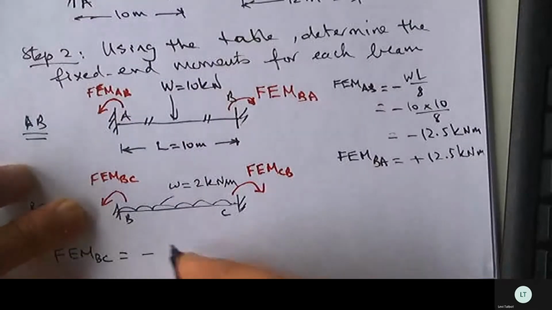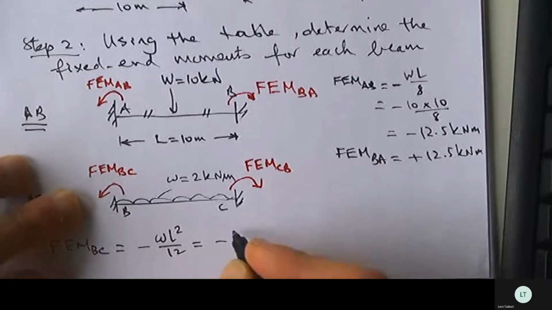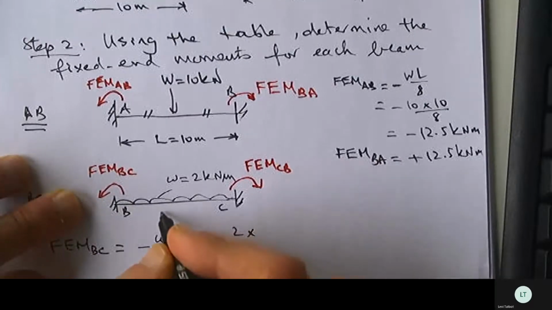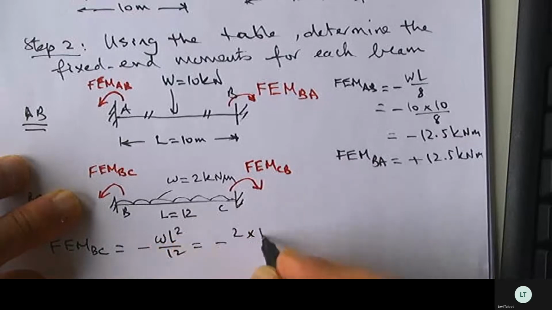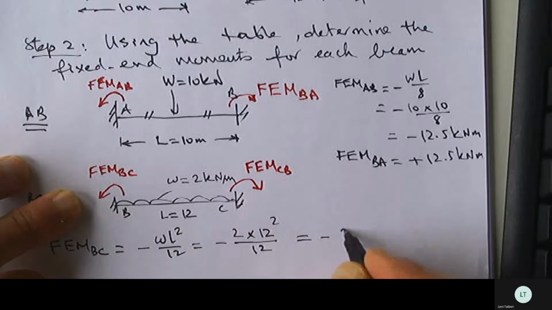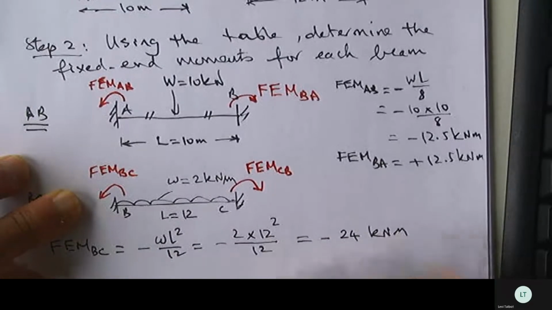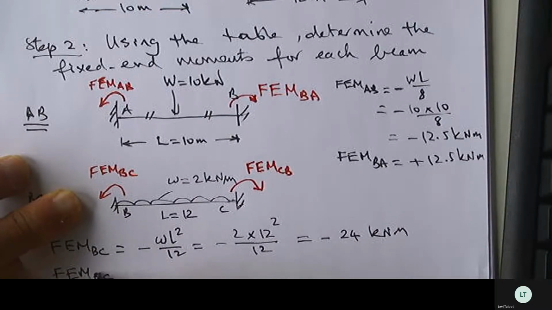So we have minus Wl squared over 12, which is minus W is 2 times L is 12 in this case, 12 squared, divided by 12, which gives minus 24 kilonewton meters. And the fixed end moment at C, CB, is plus 24.